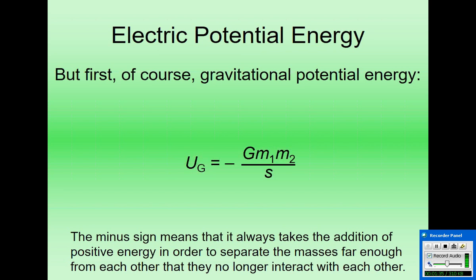Let's understand the pieces here, especially that minus sign out front. The minus sign exists in this equation because when I have two masses, they always attract each other.